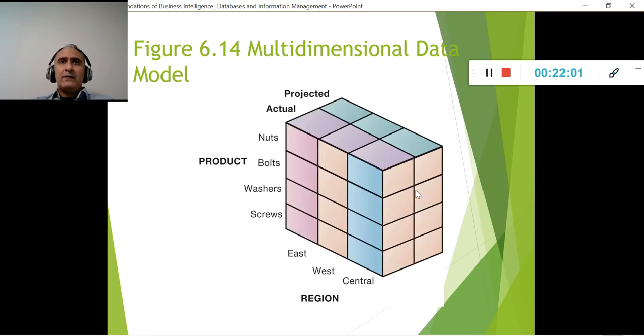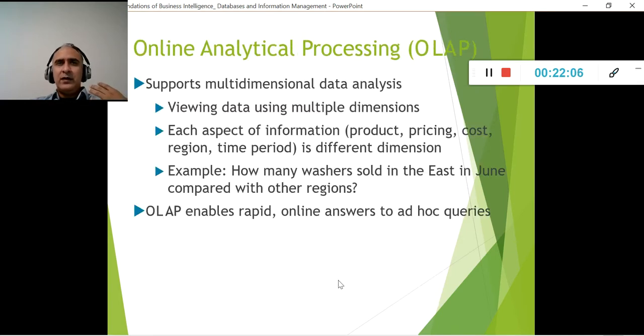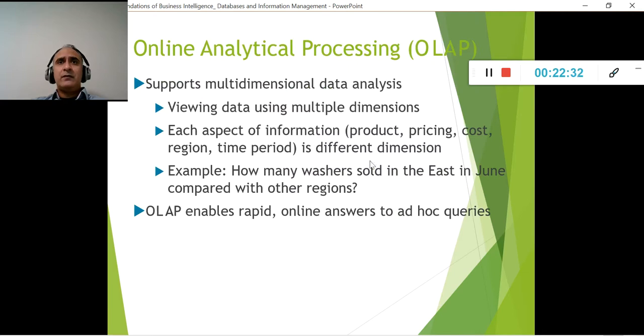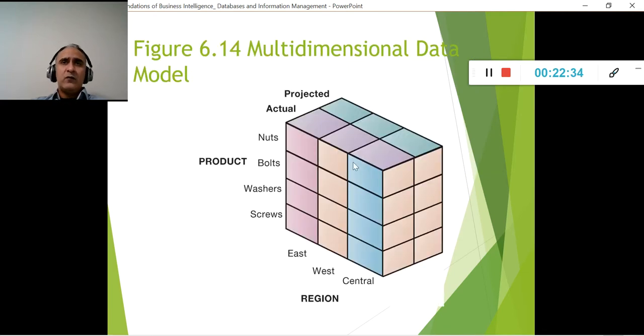And this is precisely why it becomes very good to integrate data, because we're talking about different regions. The product itself is divided into different parts, and then we have the actual performance and the projected performance. It can be in terms of which products are selling better, right? How many washers sold. Well, this is about washers, but let's say here we have washers, bolts, screws.